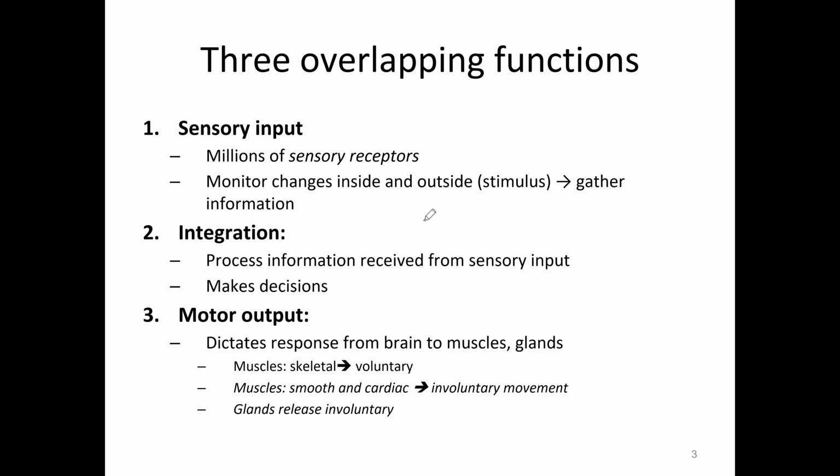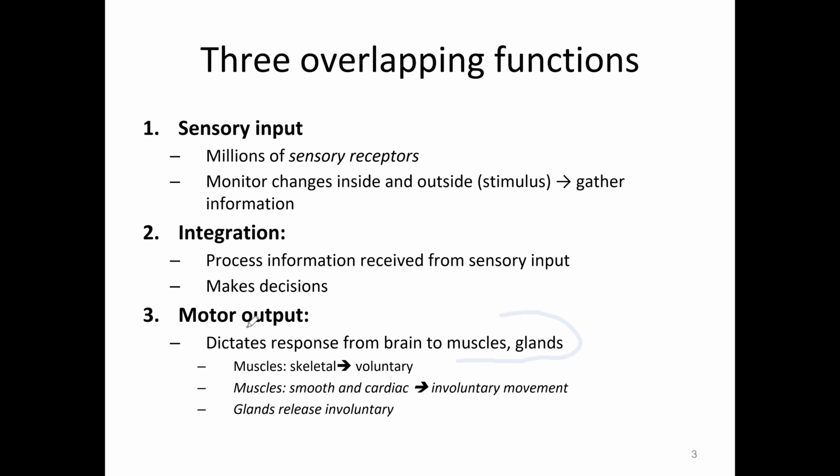So sensory input, those sensory receptors will monitor those stimuli and gather information. Integration. Process information received from sensory input. Now, integration will be your central nervous system that will process this information and makes decision. And motor output. Your nervous system will dictate response from brain to muscles and or glands.